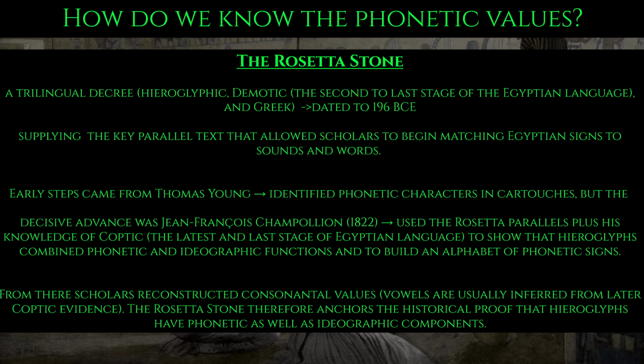From there, scholars reconstructed consonantal values, while vowels are usually inferred from later Coptic evidence. The Rosetta Stone, therefore, anchors the historical proof that hieroglyphs have phonetic as well as ideographic components.